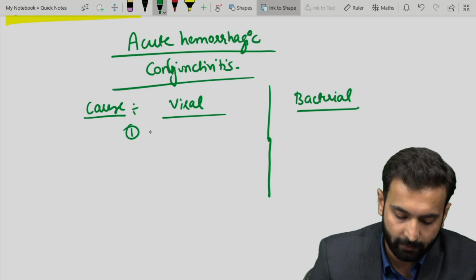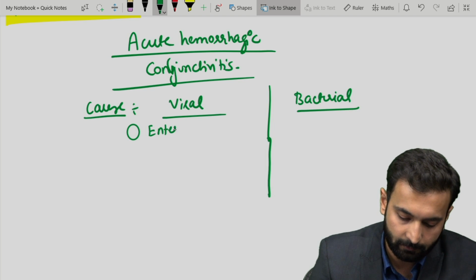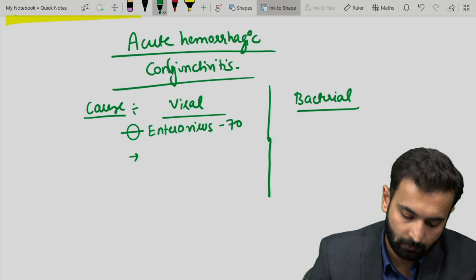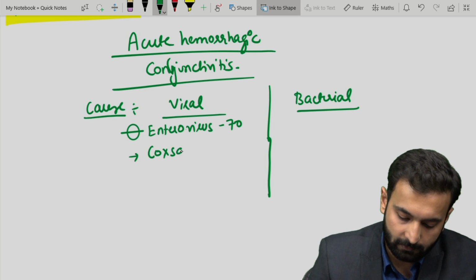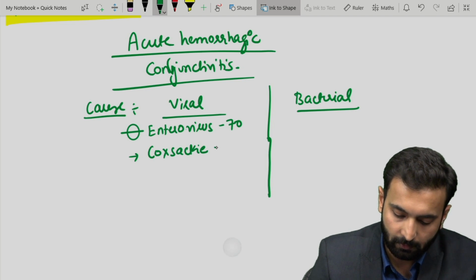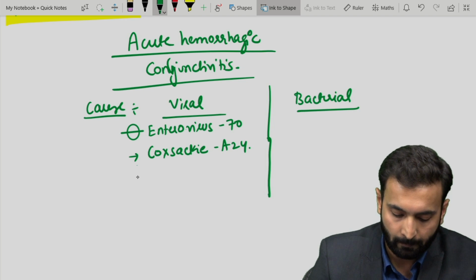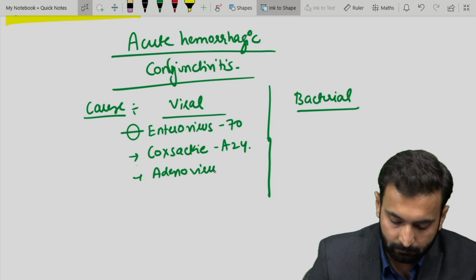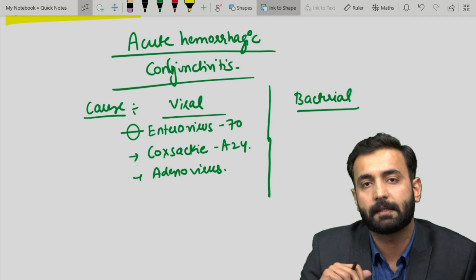First, the most important one is enterovirus type 70. Second is Coxsackie virus A24, and the last is adenovirus. Third viral cause is adenovirus.